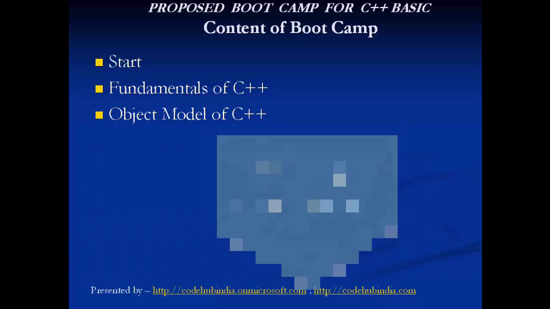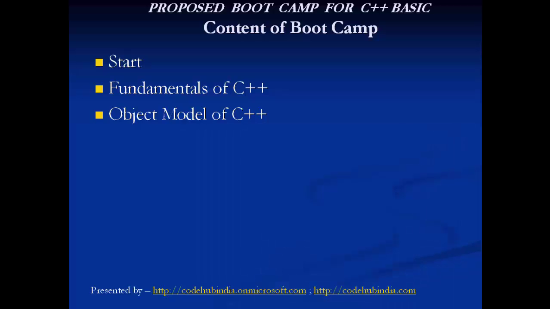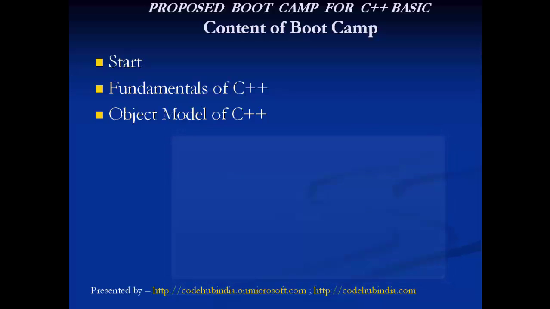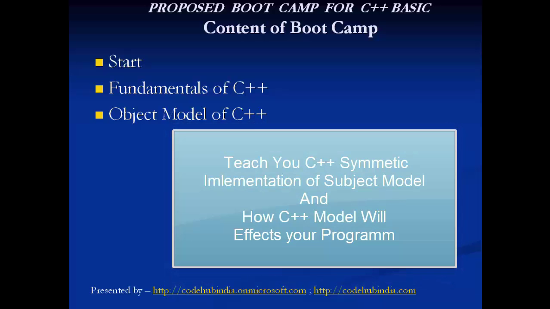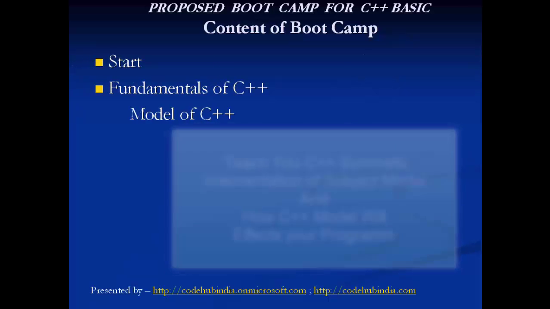It dispels myths about the overhead and complexity associated with C++, while pointing out areas in which costs and trade-offs, sometimes hidden, do exist. This tutorial will then explain how the various implementation models arose, point out areas in which they are likely to evolve, and why they are what they are. This OOP Camp tutorial will cover the semantic implications of the C++ object model, and how that model affects your programs.